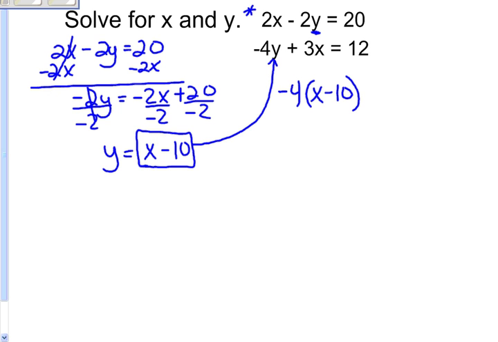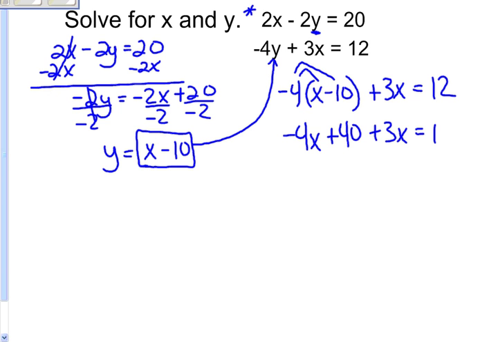So I substituted that x minus 10 in for the y, and then plus 3x is equal to 12. Once you substitute the x minus 10 in for the y, now we can just work this out like a normal equation. So we'll do our distributive property, and we'll get -4x plus 40 plus 3x is equal to 12.